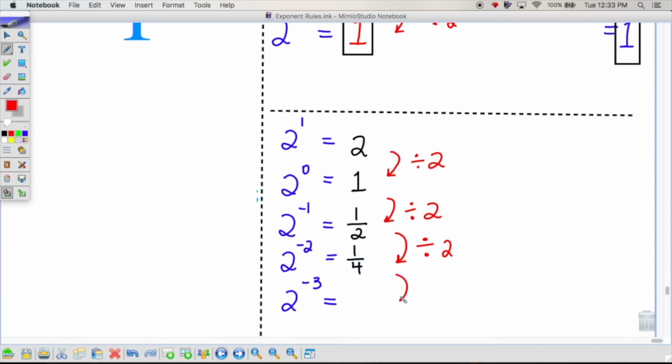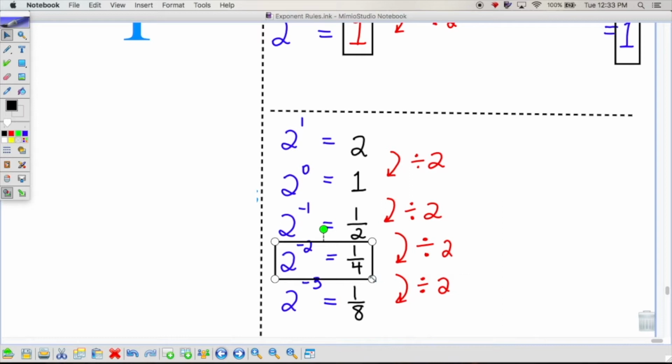And then I'm going to keep dividing by 2 again. 1/4 divided by 2 is 1/8. Okay, the question we were trying to find, though, was 2 to the negative 2 power. Did any of you think of 1/4? A lot of you probably thought it was -4. Okay, but it is not. 2 to the negative 2 power would be 1/4.